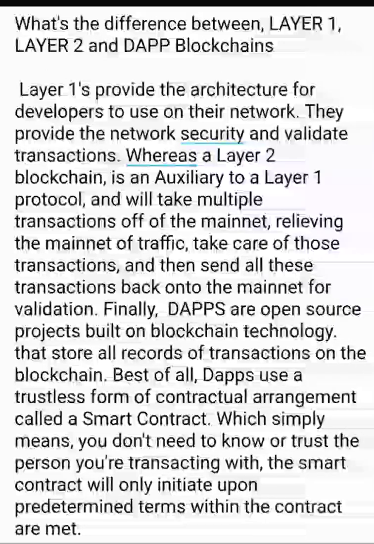A layer 2 is a blockchain built on top of that existing mainnet, such as Polygon Matic being built on top of the Ethereum network.